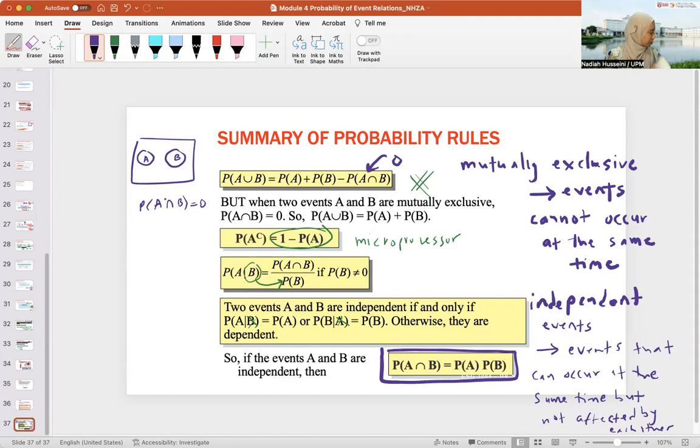I need to find it. It's not in the textbook, at least. So that's another thing I need to find. This is the Venn diagram for mutually exclusive events, and I still owe you the independent event. I hope that is okay for everyone. Don't get confused.